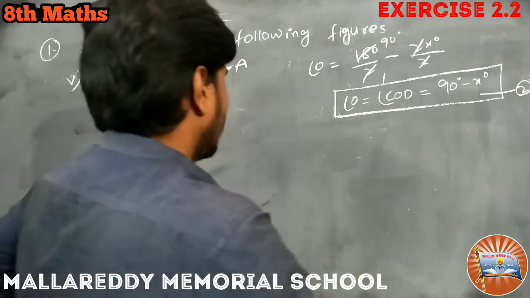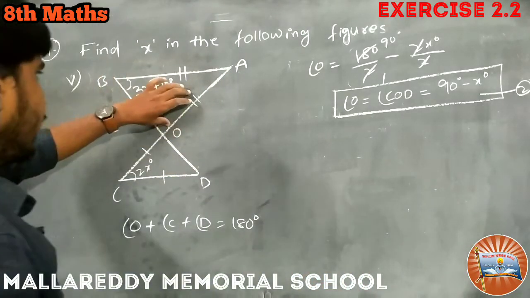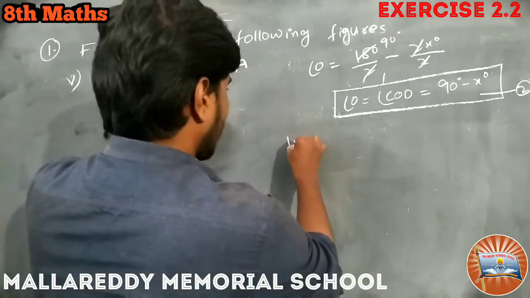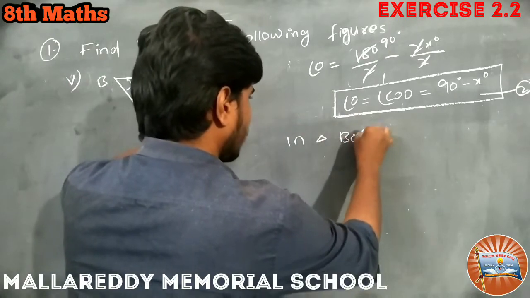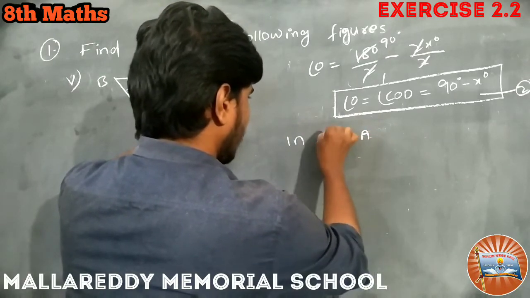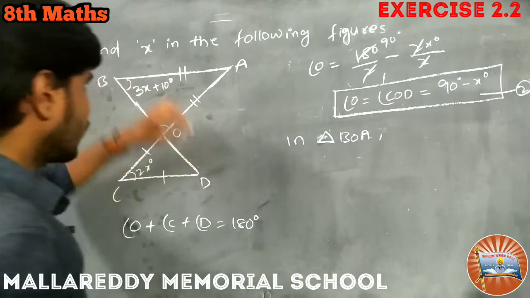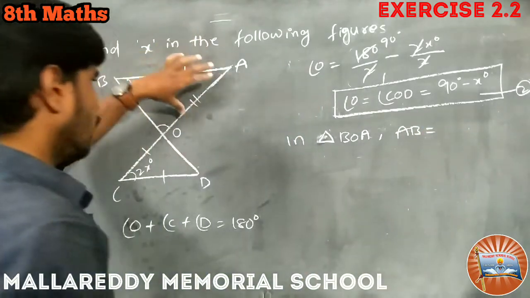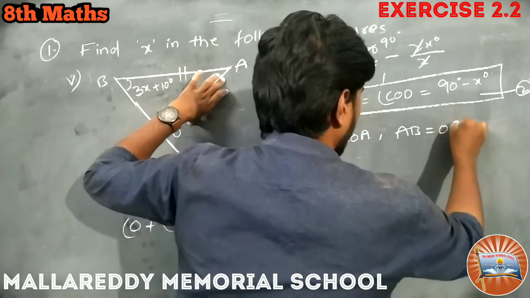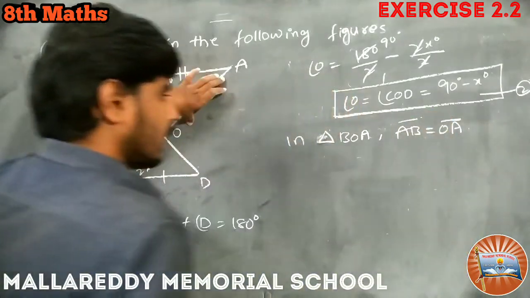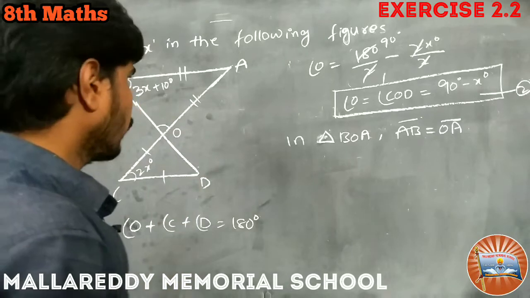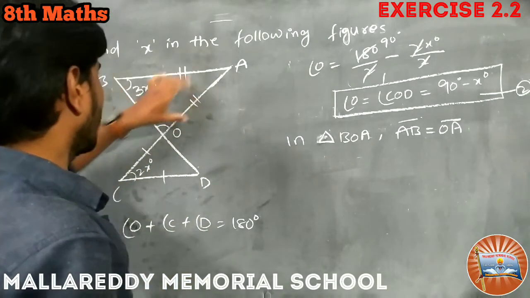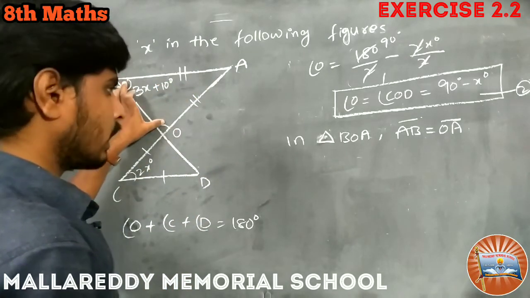Now I am taking the second triangle BOA. In triangle BOA, the side AB is equal to AO or OA. OA and AB sides are both equal. So for this reason, angle B and angle O are also equal.